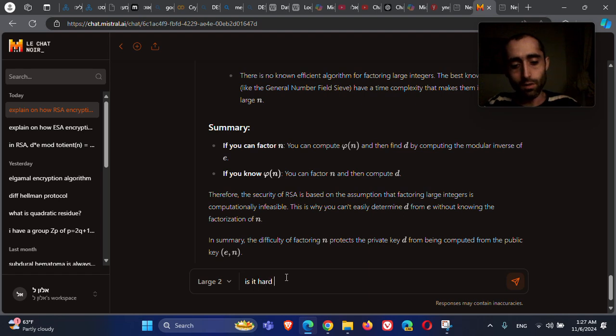Is it hard to factor any large number, or is it only hard for some? No, n is not a prime number, so it's hard to factor a large number into its prime factors.